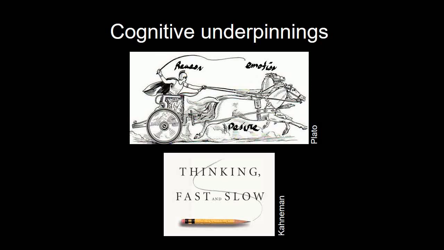And we're primarily going to focus on this distinction that goes back at least to Plato between reason and emotion. You've got this charioteer whose emotions are wild horses, dragging the chariot around, and then reason is the charioteer driving, corralling the horses and driving the chariot where it's supposed to go.